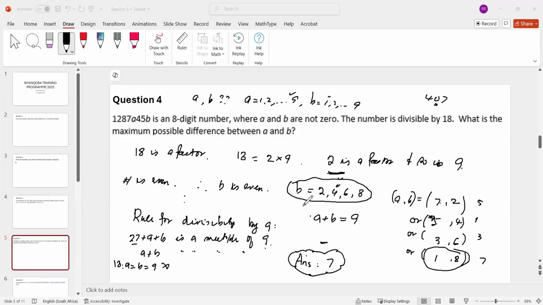And having found that A plus B will have to be equal to 9, that is a nice simple equation. And you can see that 4 different values of B will give you 4 different pairs. And amongst those pairs, you're looking for the maximum possible difference. So this is a very logical way of solving the problem.